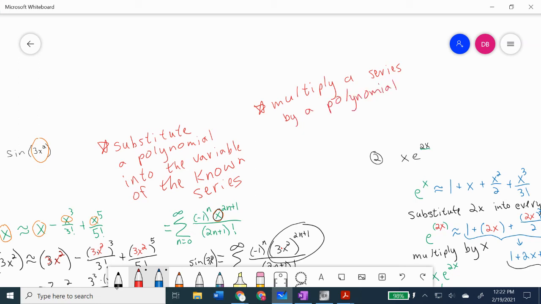I will point out to you that it was kind enough, though, to be a one-term polynomial, if you catch my drift on that. Every term in your polynomial has to distribute.